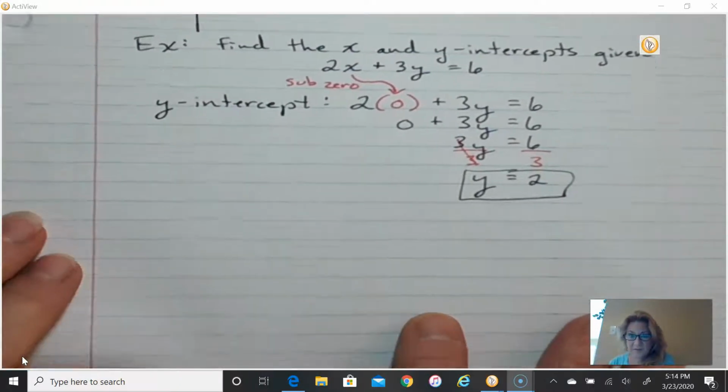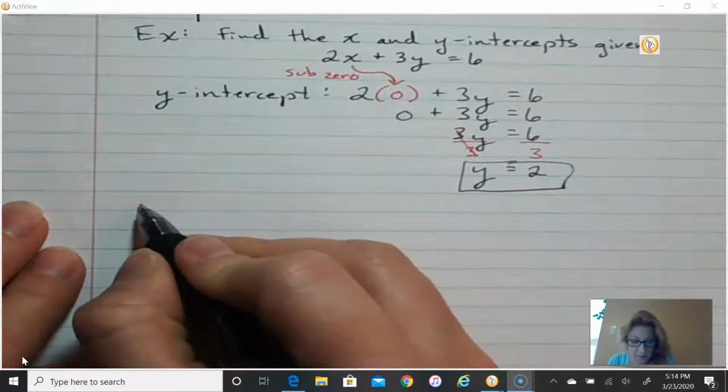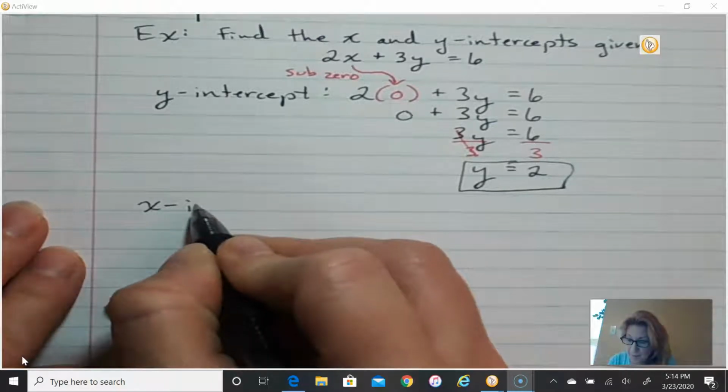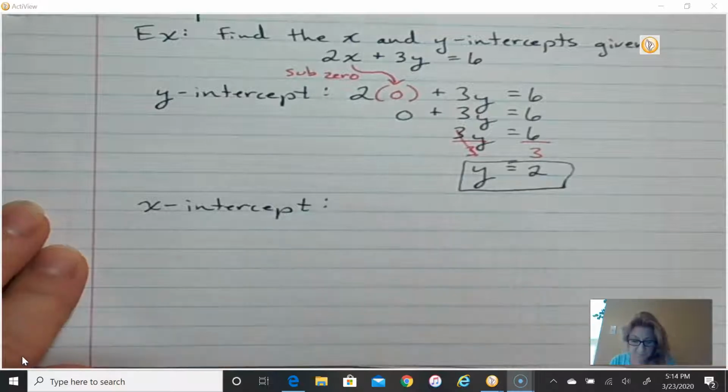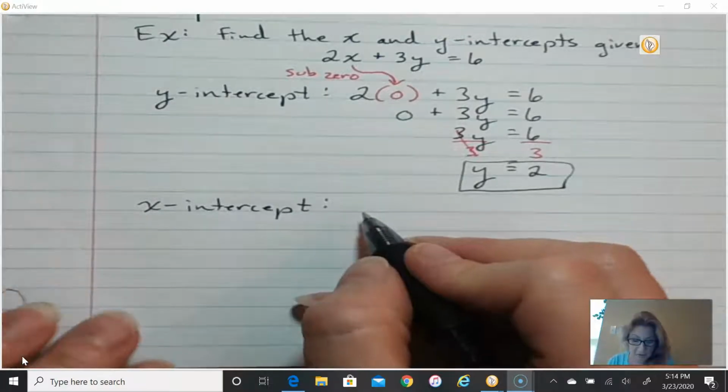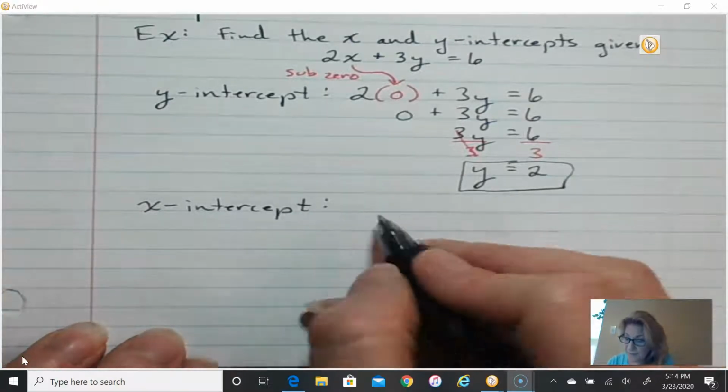That's the y-intercept. Now, let's say we want to find the x-intercept. This time we're going to replace.